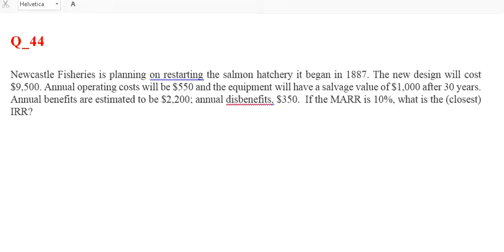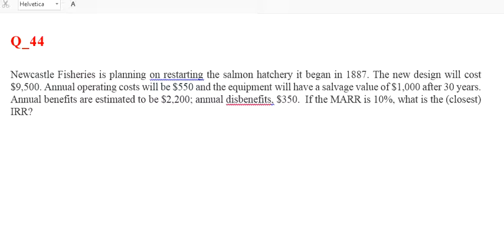Question 44. Newcastle Fishers is planning on restarting a salmon hatchery. It began in 1887. The new design will cost $9,500, annual operation cost of $550, and the equipment will have a salvage value of $1,000 after 30 years.